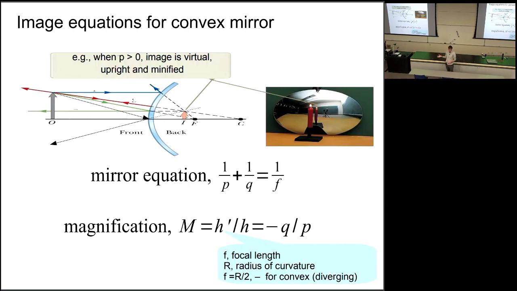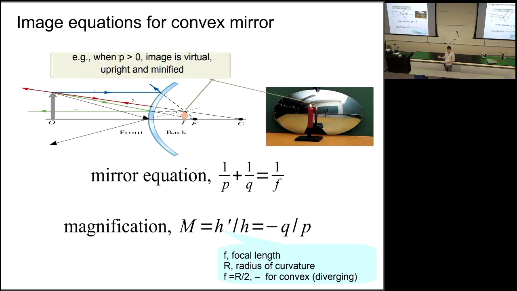It's exactly the same equations as the mirror equation and the magnification equation that we met for the other curved mirror, the concave mirror. So the same equations rule for the concave and convex mirror. When you're using them for the concave and convex mirror, what happens differently is that the focal length in one case is positive, the other case is negative.